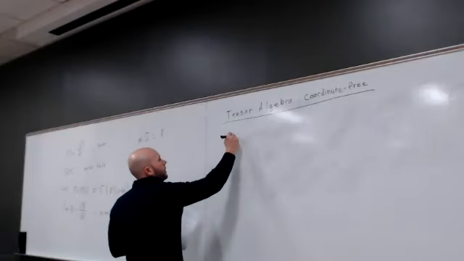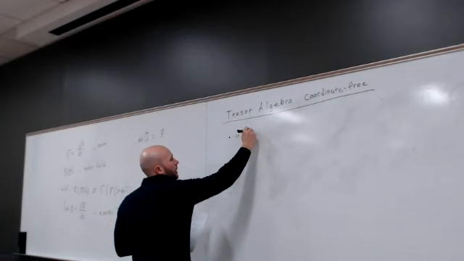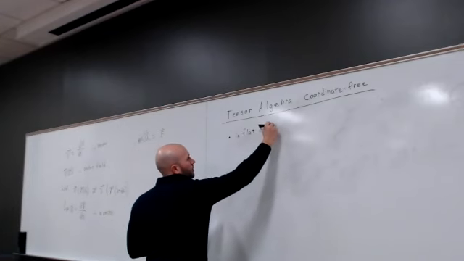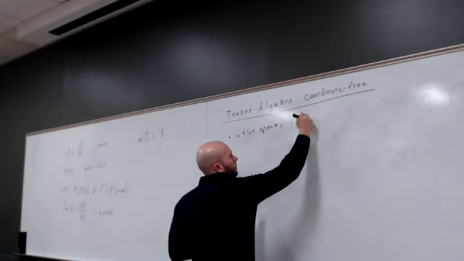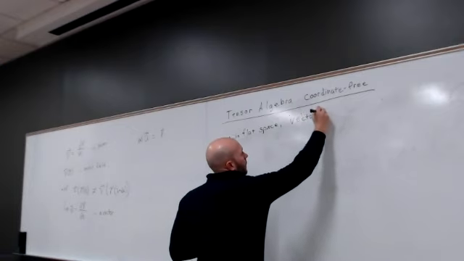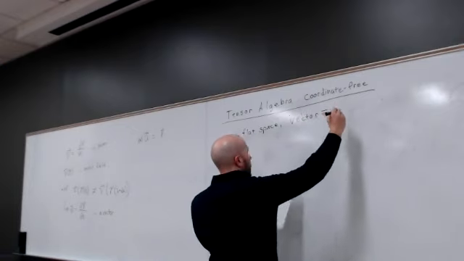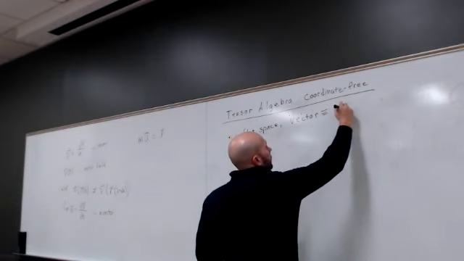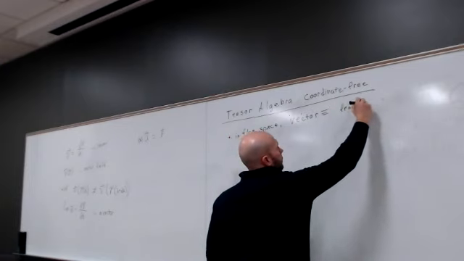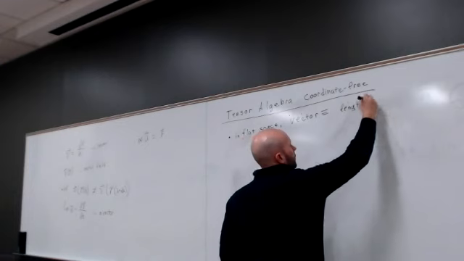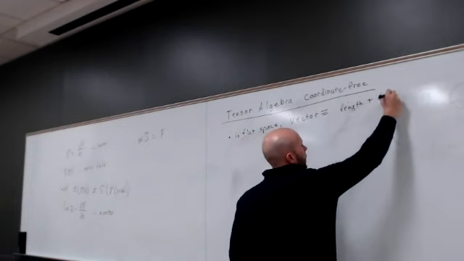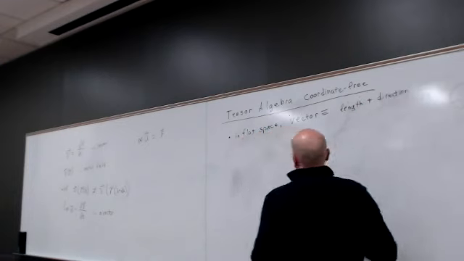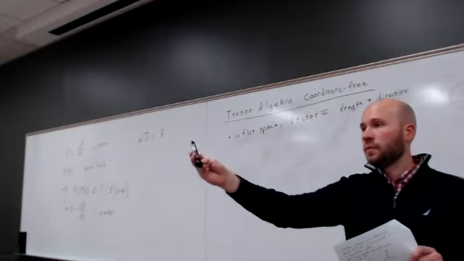So, we've already said this. In flat space, a vector is defined by some length plus a direction. We said that. That's what it is.